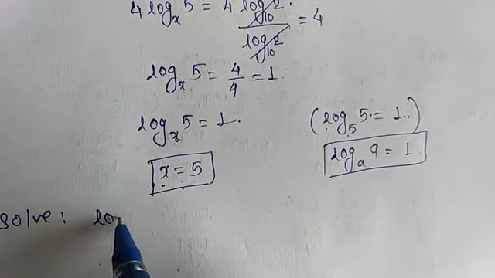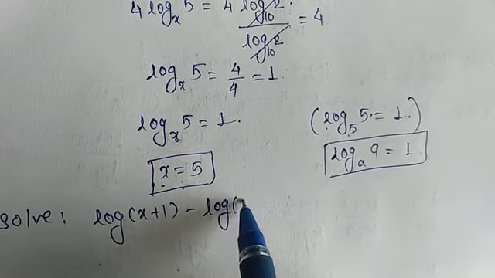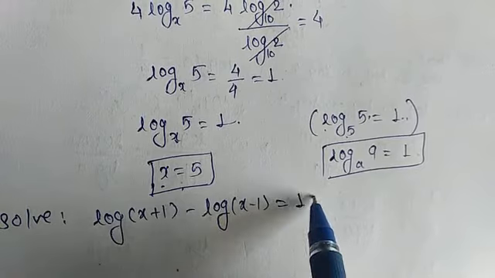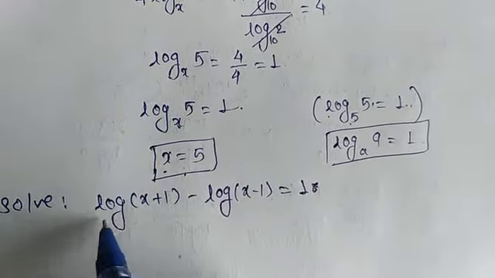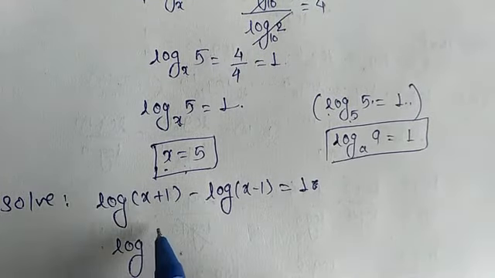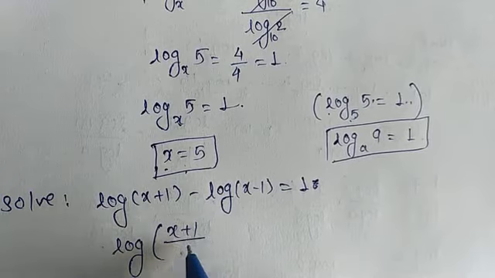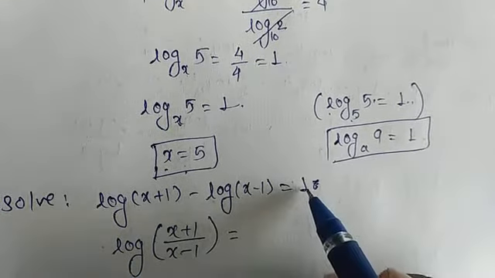log of x plus 1 minus log of x minus 1 is equal to 1. So this can be written, by using the formula, as log of (x plus 1) upon (x minus 1) is equal to 1.